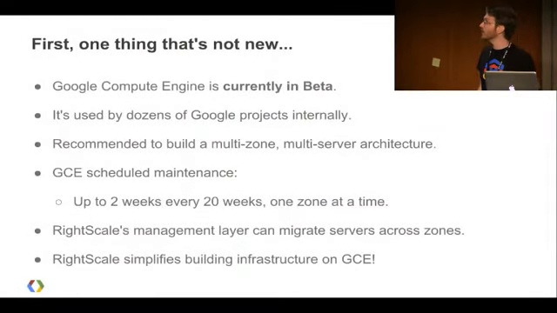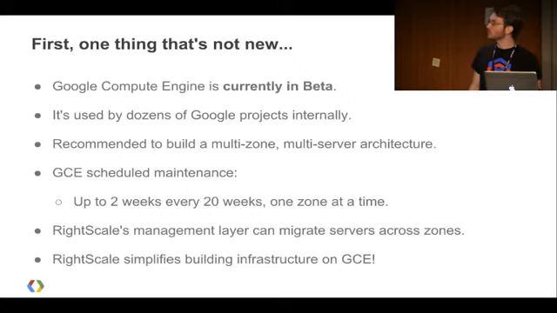We're building it to Google standards, so multi-zone, multi-server architectures are highly recommended. The big gotcha that we're not happy with, but is a reality right now, is that we have these scheduled maintenance windows. For up to 2 weeks every 20 weeks, each zone separately may go into maintenance.